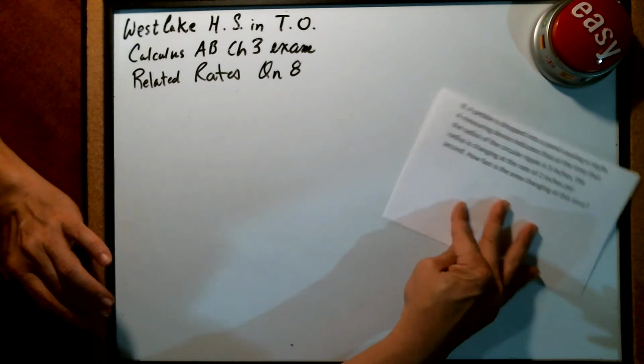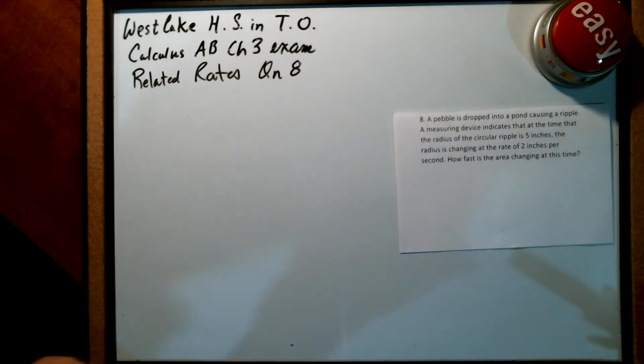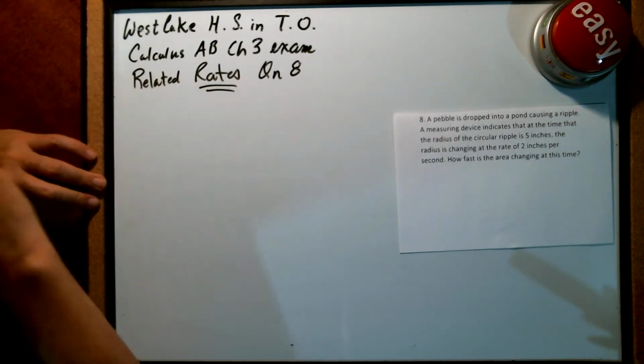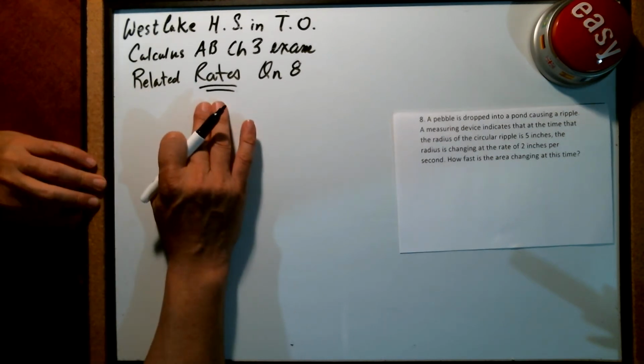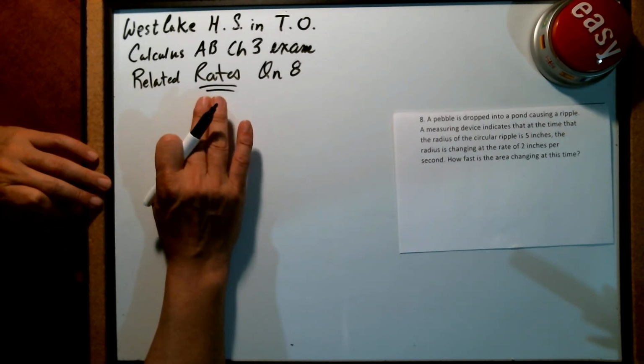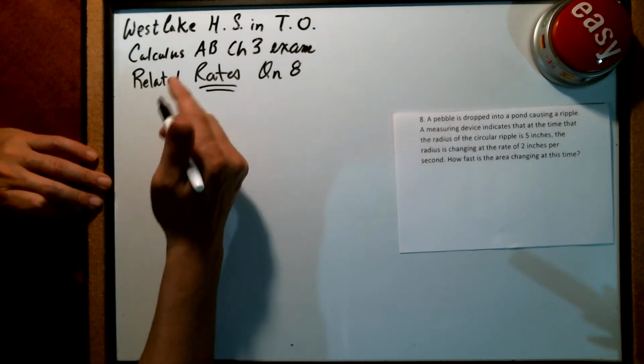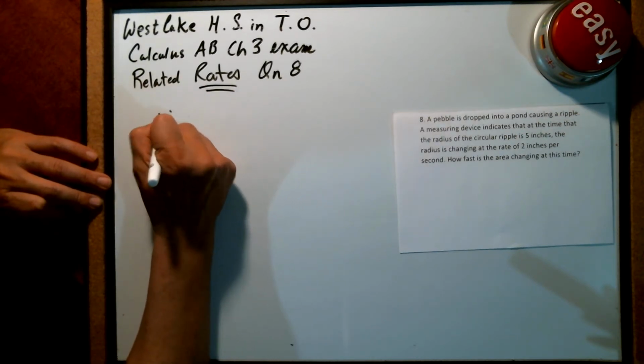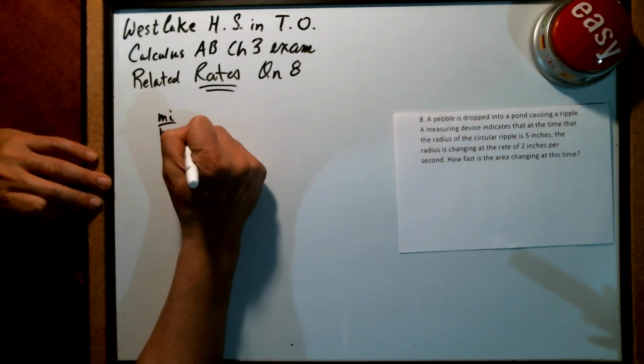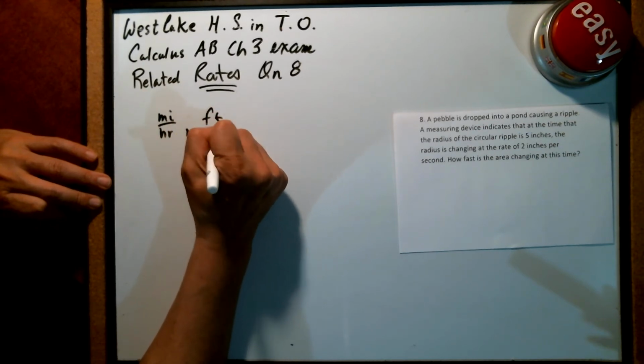So how do we do a related rates problem? The key is rate right there. Let's look at what a rate is by definition, or some units of rate. It could be miles per hour. It could be feet per second.